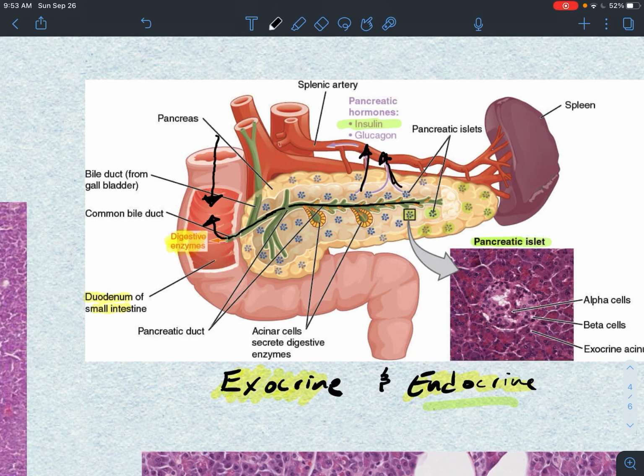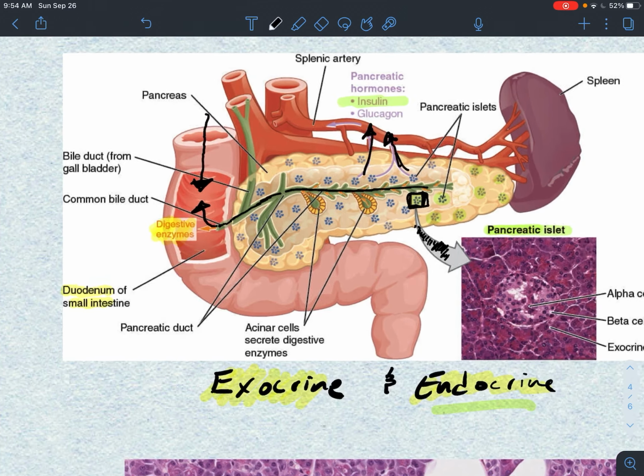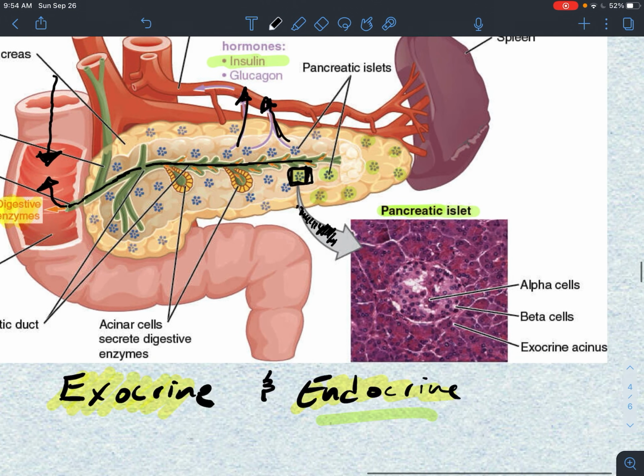And so here what we've got is a zoomed in view of that little box, right, in the drawing of the pancreas. And what they're telling us is that if we zoomed in on that, we would see the exocrine acini, right?